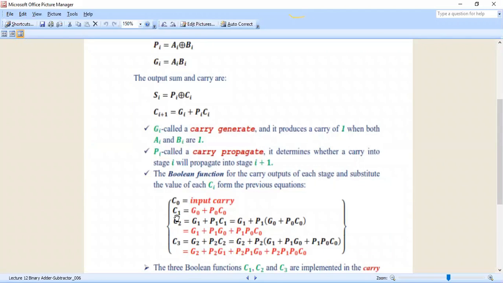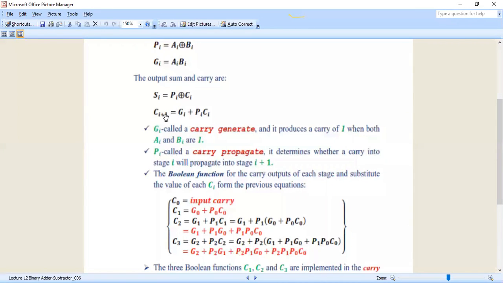With i equal to 0, 0 plus 1 gives C1. So C1 is equal to G0 plus P0 C0.